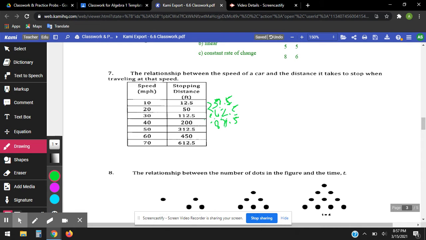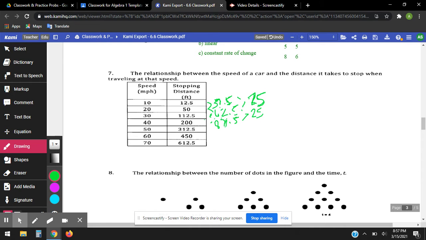Okay, so our first difference is not the same, but let's see what our next one is. So 62.5 minus 37.5, that's 25. Why that's not writing? Okay, 87.5 minus 62.5, oh, is also 25.